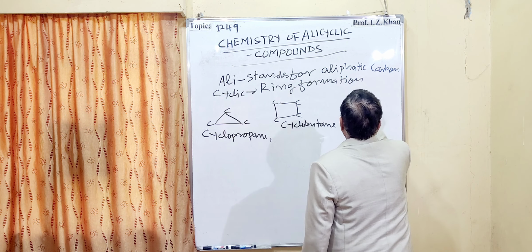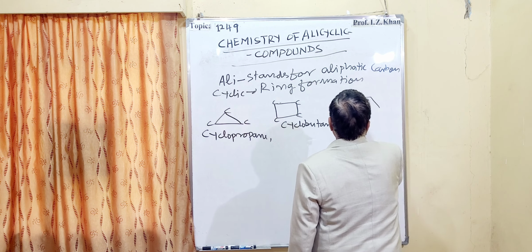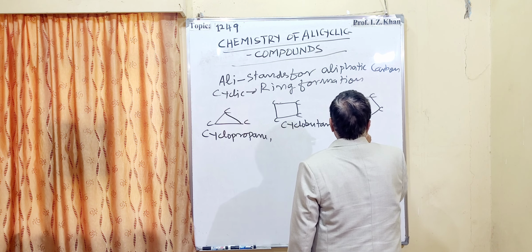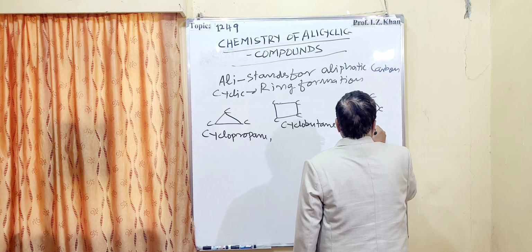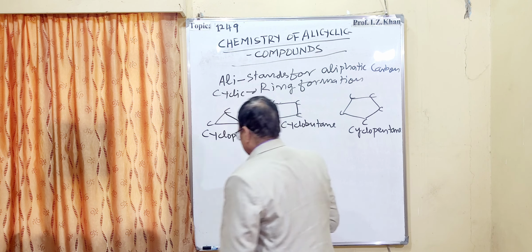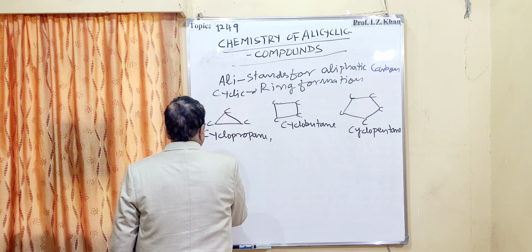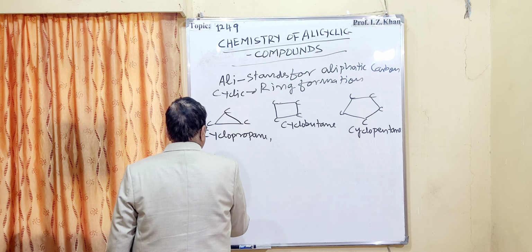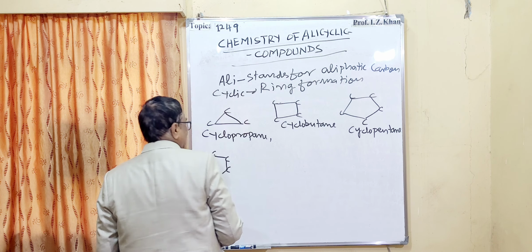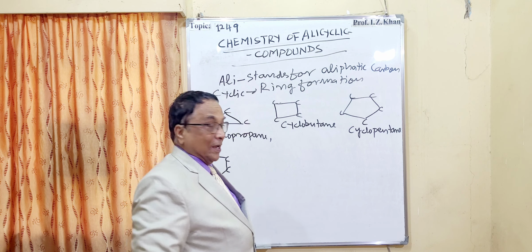And if there are 5 carbon, 1, 2, 3, 4 and 5, it is called cyclopentane. And the other one which is having 6 aliphatic carbon, it is called cyclohexane.